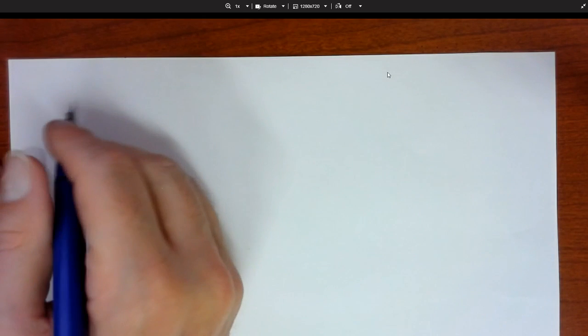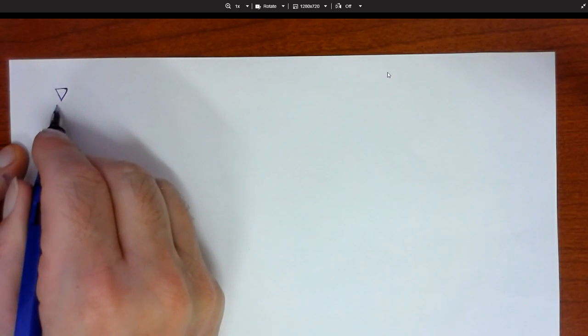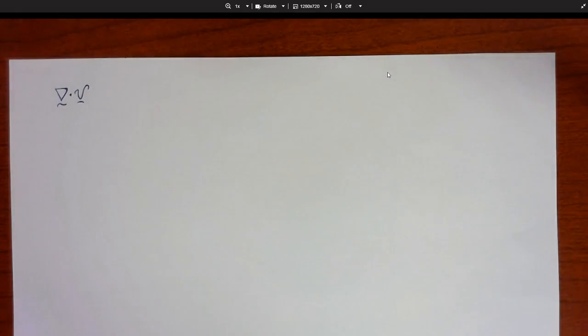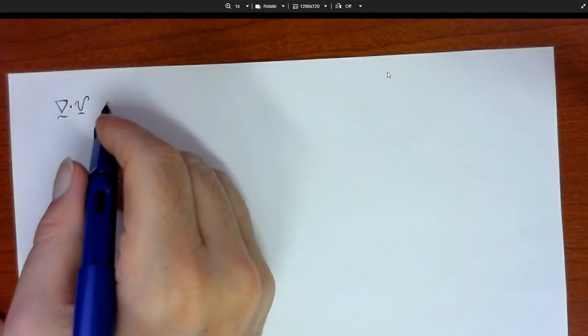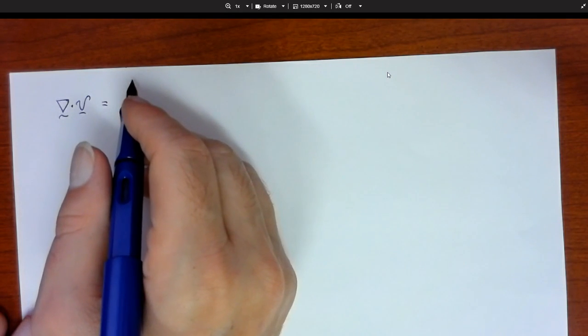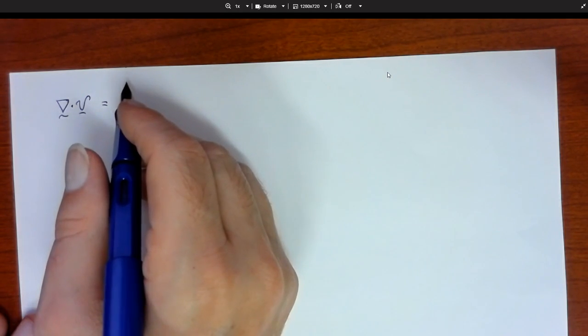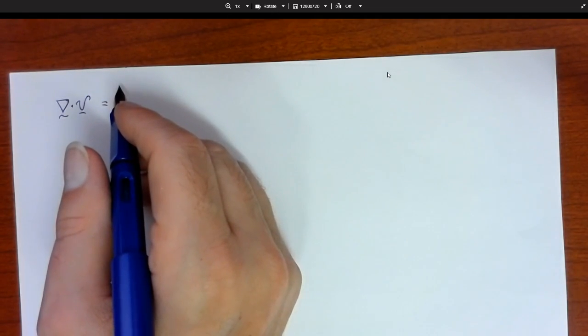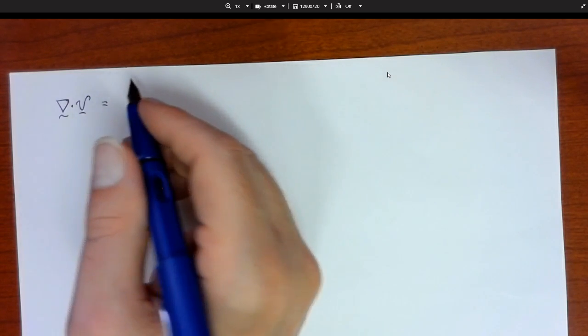Okay, so let's do an example, right? So let's figure out the divergence of a vector field, but let's just do it in cylindrical coordinate systems. So this means my operator I'm going to have here, let's see how I can do this. What's the easiest way to write this out? I think if I just do it as a big old bracket, it's probably fine.